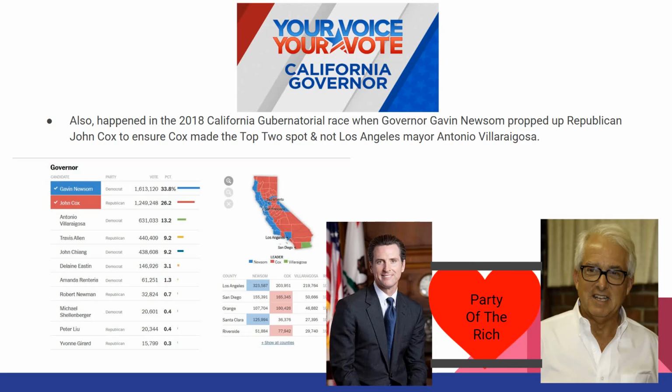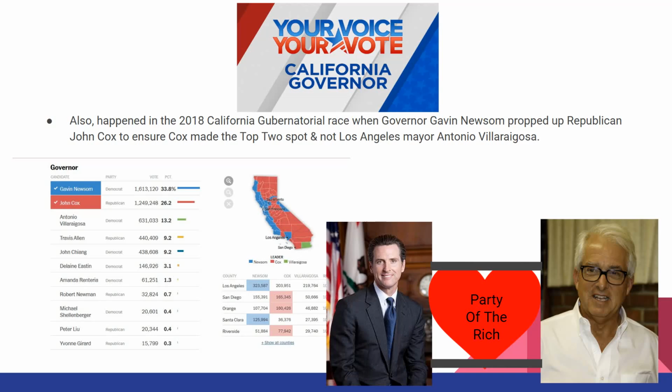And this connects right back to the 2024 California U.S. Senate primary because, like Adam Schiff, Gavin Newsom did not want to go up against another Democrat. He actually wanted to face another Republican. So what did he do? He spent huge sums of money to prop up his Republican opponent and purposefully divide the Democratic electorate to ensure that it's just him and Cox in the November general election.